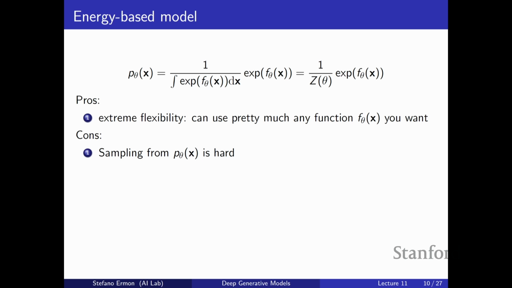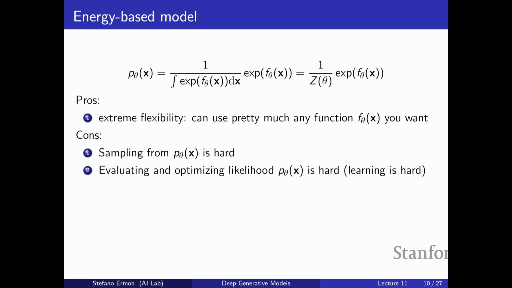And the reason is that evaluating probabilities is also hard, because if you want to evaluate the probability of a data point, it's easy to get the unnormalized piece, this exponential of f theta. You just feed it through your neural network and you get a number that gives you the unnormalized probability.